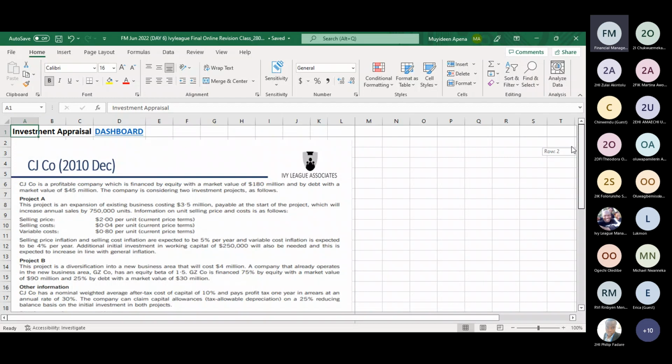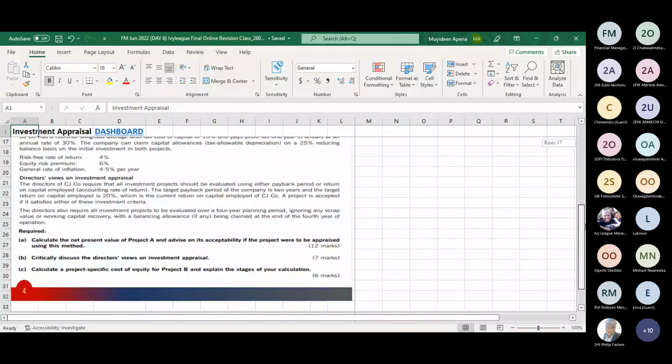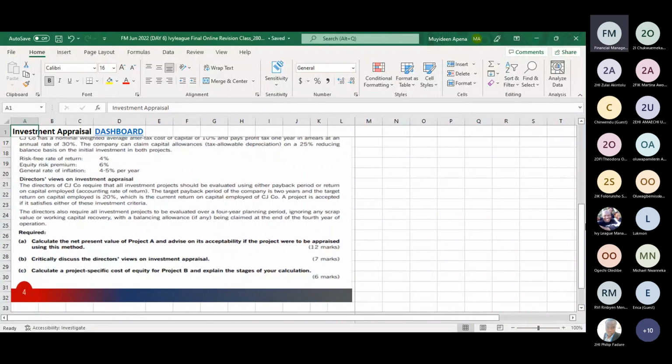So CJCO is the next question on investment appraisal. What are we required to do? First is to calculate the net present value of project A and advise on its acceptability if the project were to be appraised using this method, 12 marks.